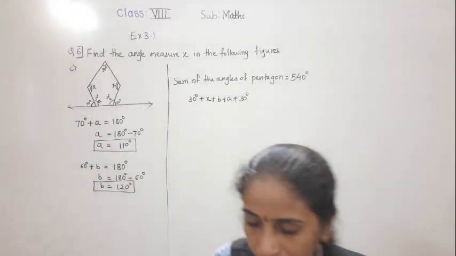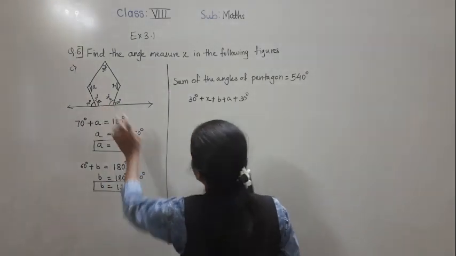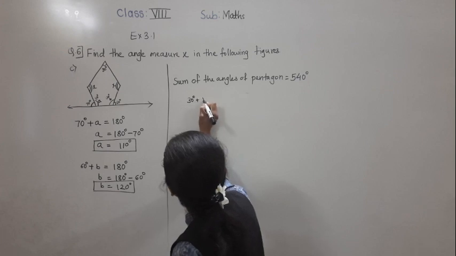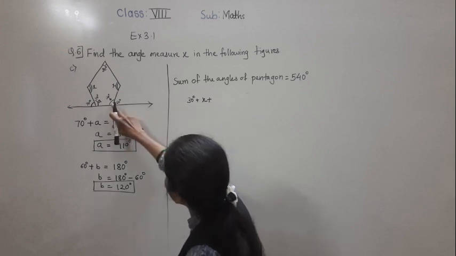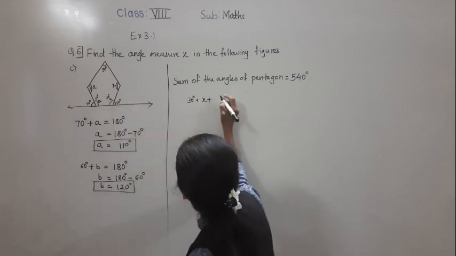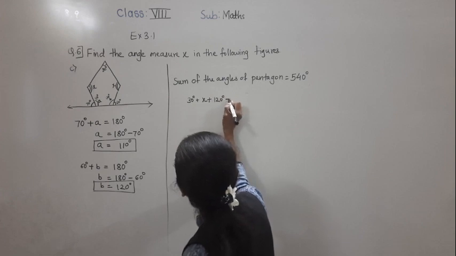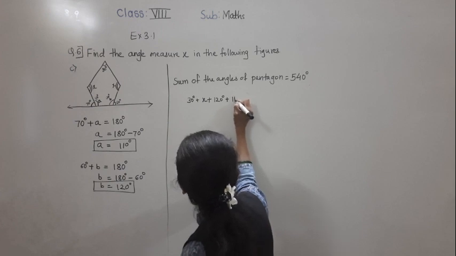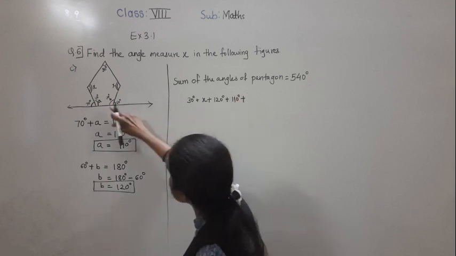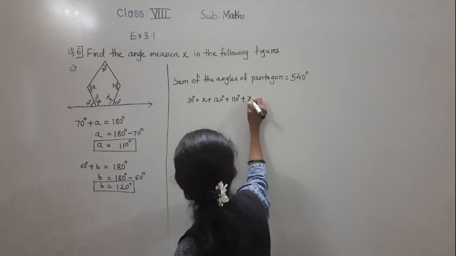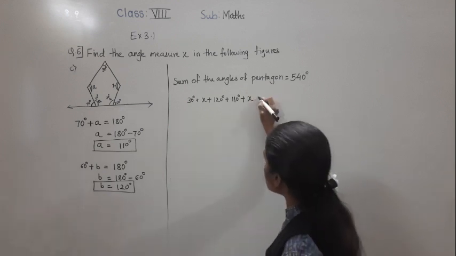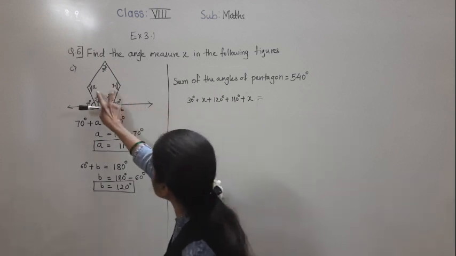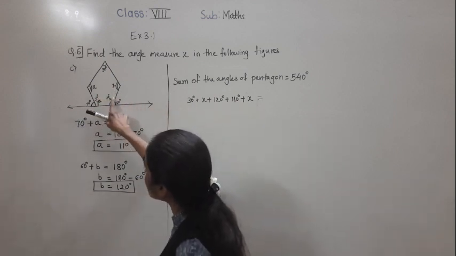Or directly you can write here, since you have written the measurements here: 30 degree plus x plus b, which we got 120 degree. So write here 120 degree plus a, which we got 110 degree. 110 degree plus x plus x is equal to 5 angles. See, 1 2 3 4 5. It is asked these two angles, but these angles were not given.